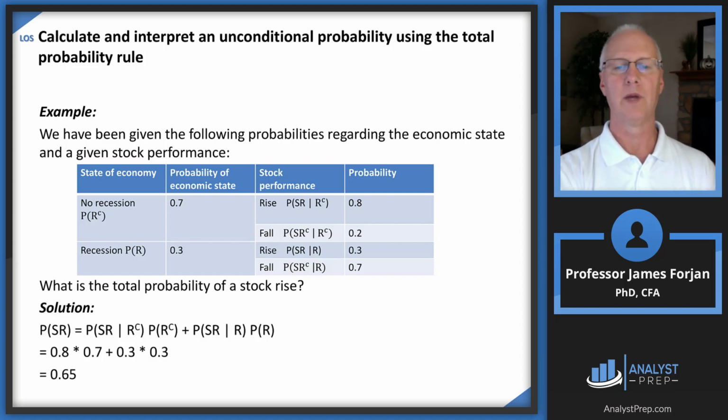All right, so how do we compute that? Well, all we're going to do is a kind of weighted average. We're going to take the 80% times the 70%, and we're going to add the 30% times the 30%, because we're going to ignore the possibility that the stock price could fall. And so we get 65%.